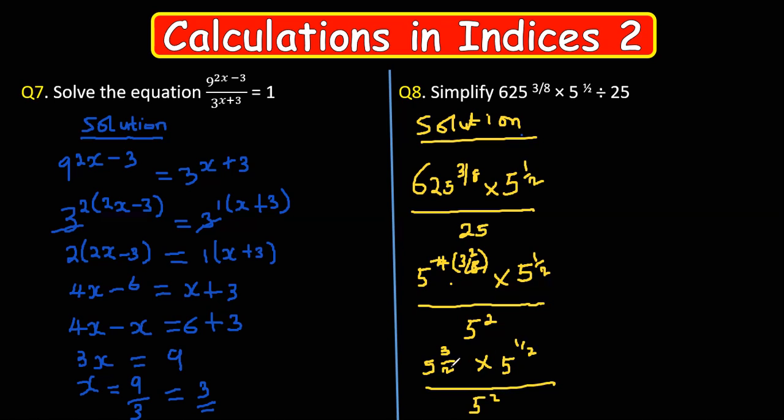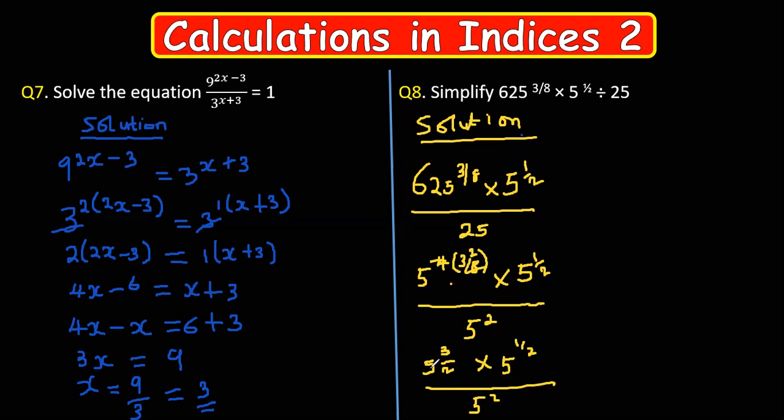So here, according to the multiplication law of indices, which says that we should add the indices, that is the powers, provided that the bases are the same. If they have the same base, we just add the powers.